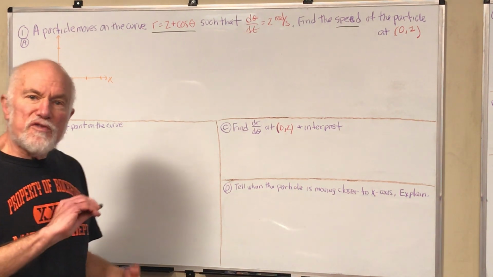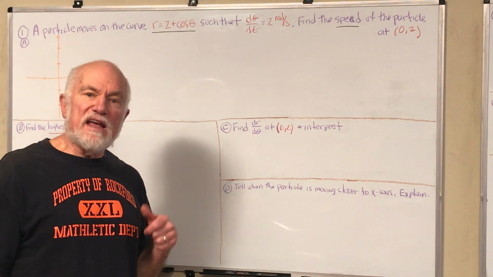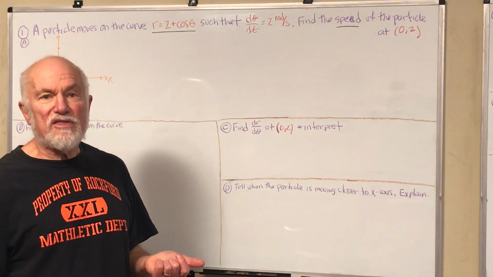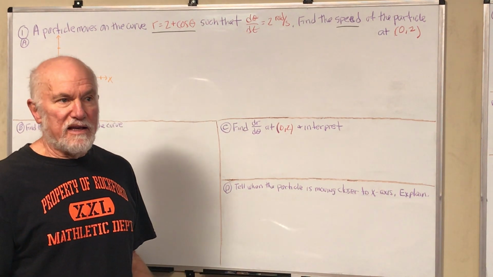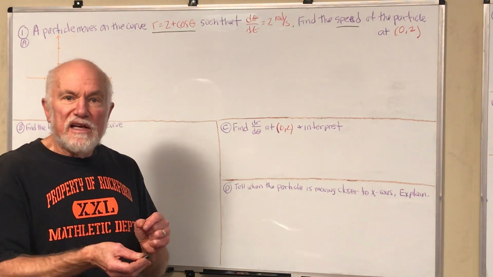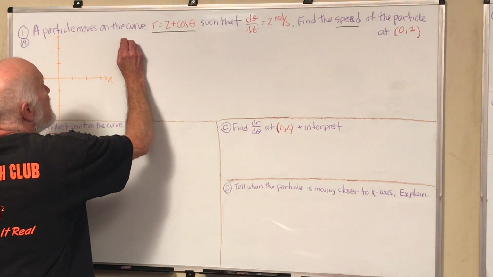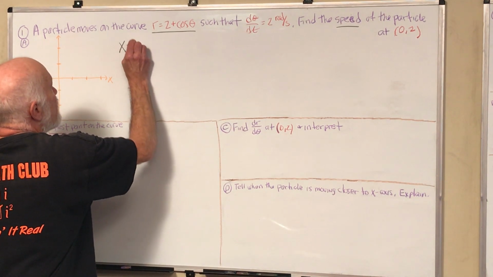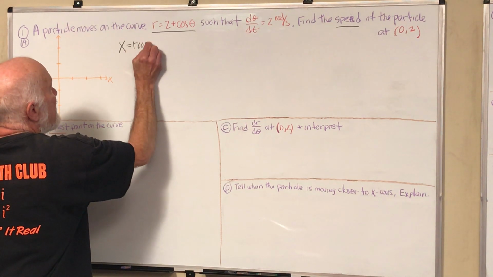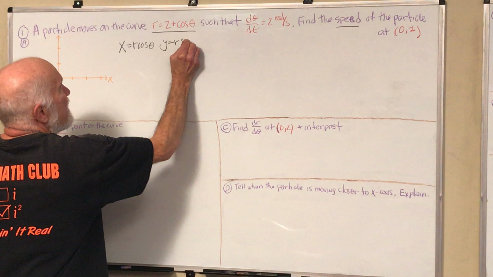Well, this is a curved path, and the only way we've ever found of finding the speed on a curved path was in parametric. But we're in polar. But you have to realize these are all interconnected to each other. We have this relationship: x equals r cosine of theta, and y equals r sine of theta.